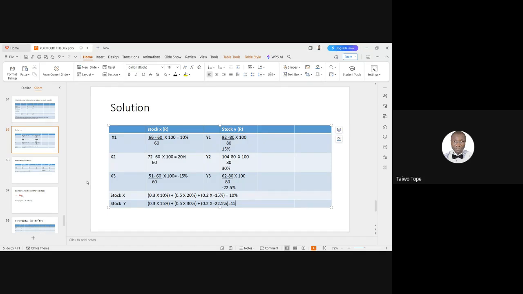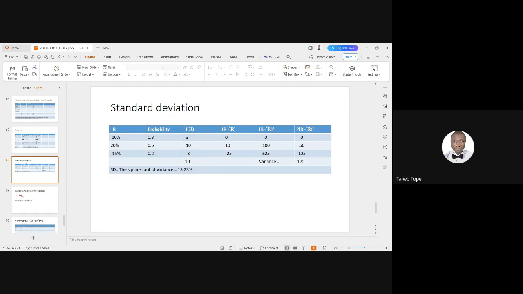So for us to get our standard deviation for stock Y, what are we going to do? Copy this.